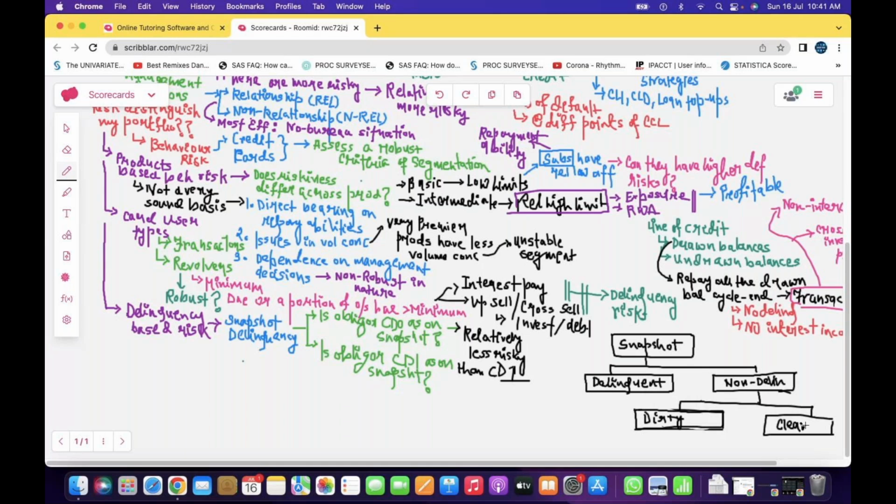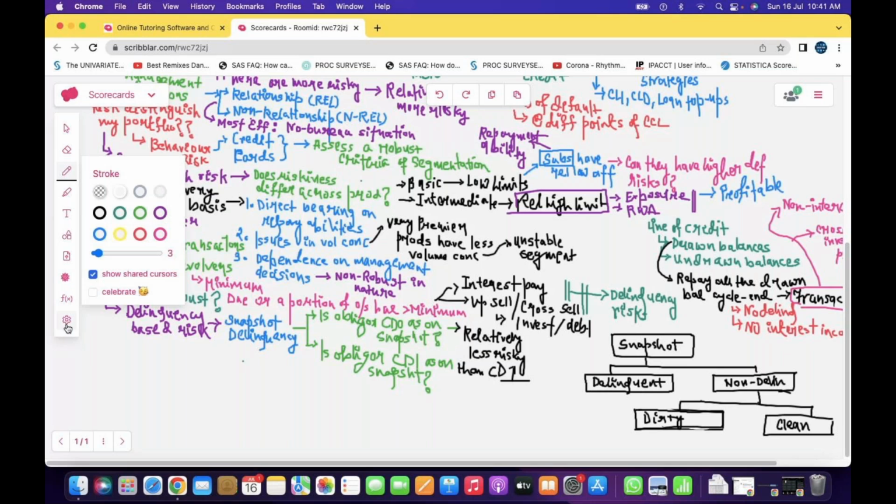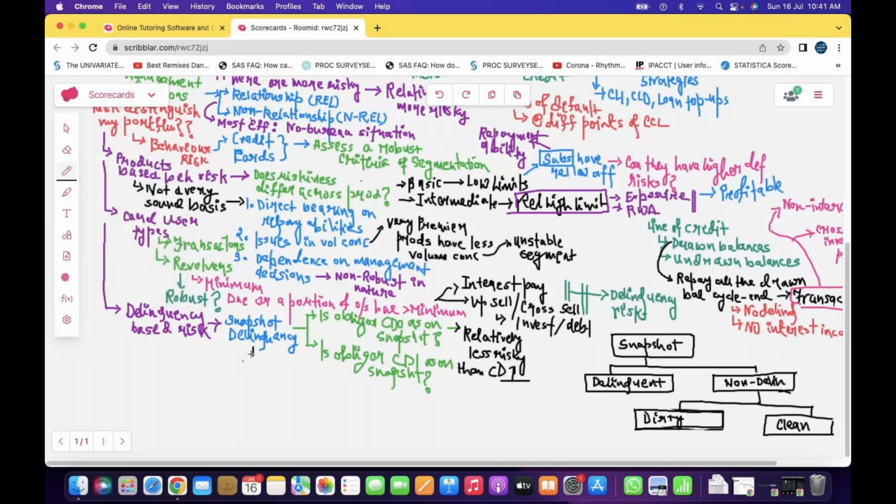Right. So what is the advantage of doing this segmentation vis-a-vis the other criteria that are there? Now, one thing is that this is a payment based criteria.